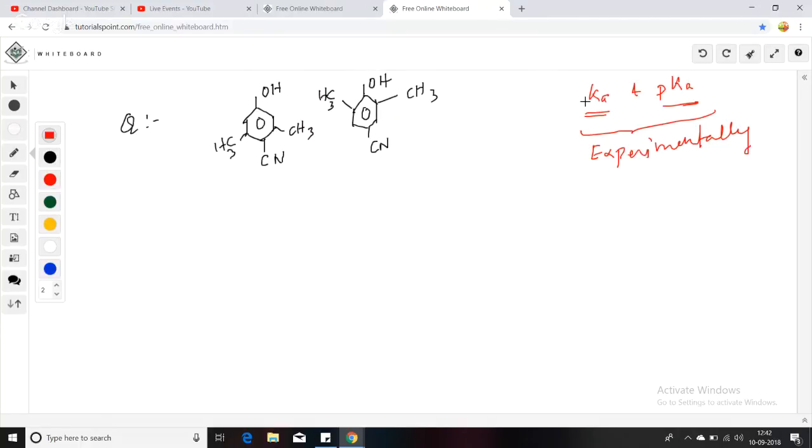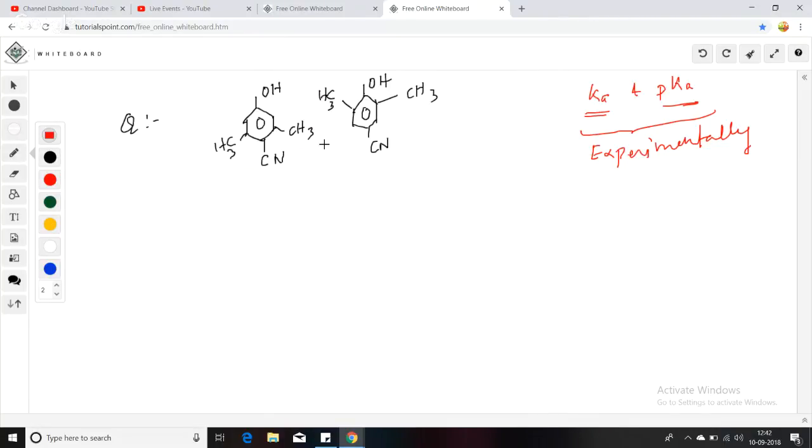So Ka and pKa are experimentally determined values, and for the acidic orders I am giving you, when more than one kind of effect is possible, like I effect and R effect, those questions are based on experimental fact, and that is nothing but Ka and pKa values.